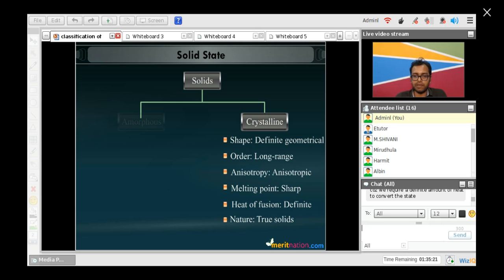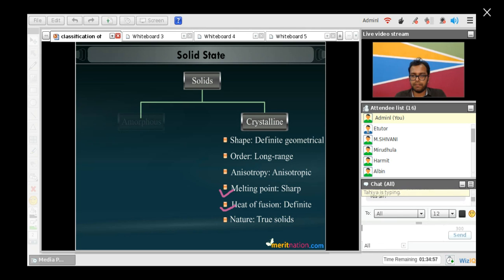So that's why we can say that the heat of fusion is definite. Are these 2 points clear to you? Why the melting point is sharp and why the heat of fusion is definite?